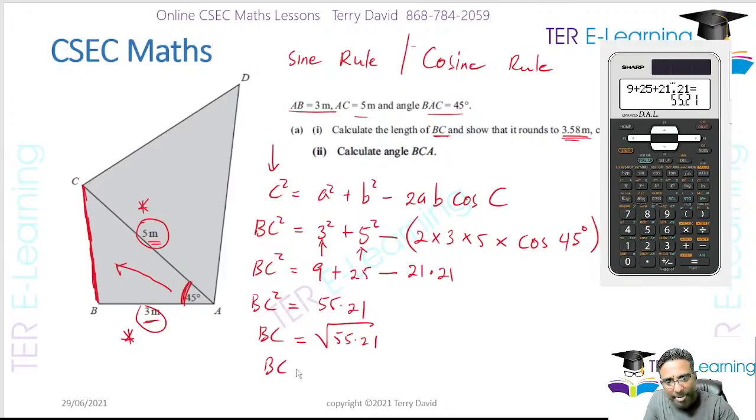So BC is equal to, second function, square root, equal, and I'm going to get 7.43, right? But something looks wrong here though. Did I make a mistake somewhere? Hold on.